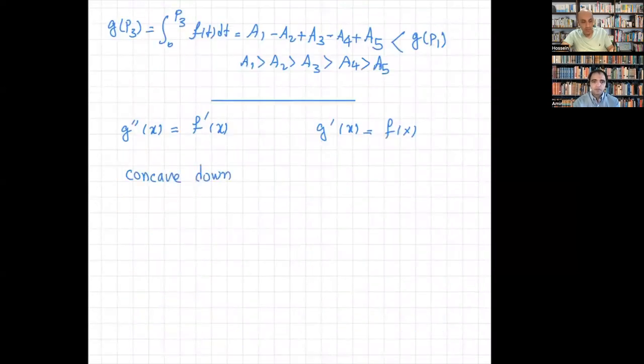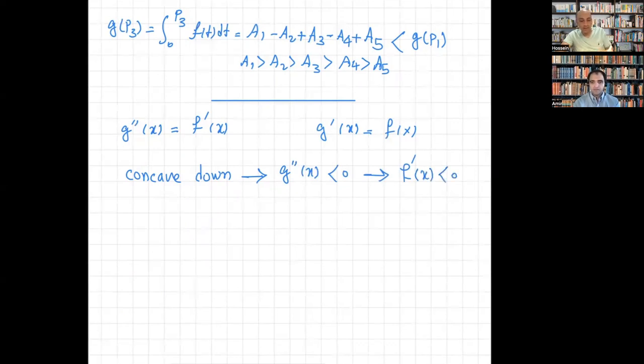Concave down means G double prime of X should be negative, and because G double prime is f prime of X, we're looking at the intervals where f prime of X is negative.